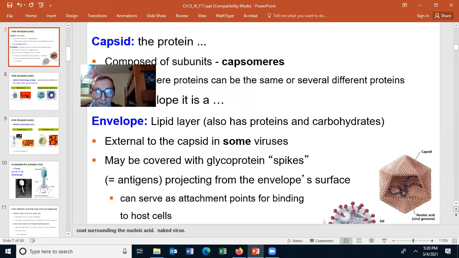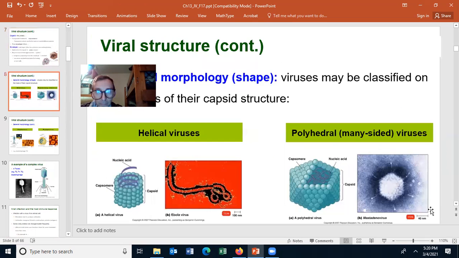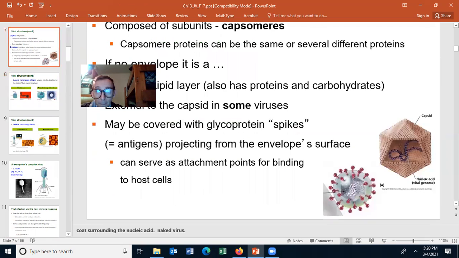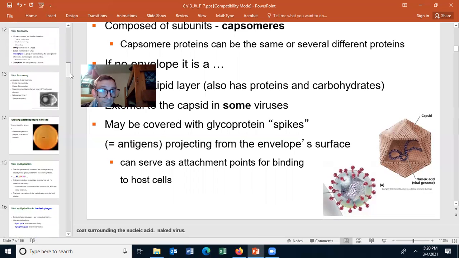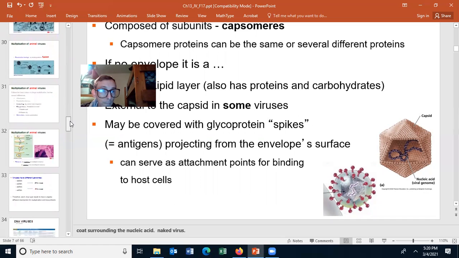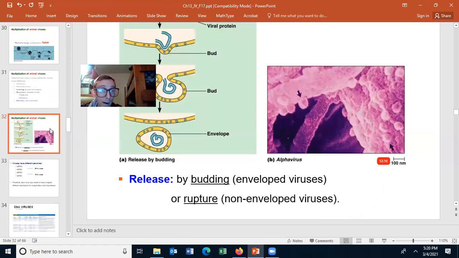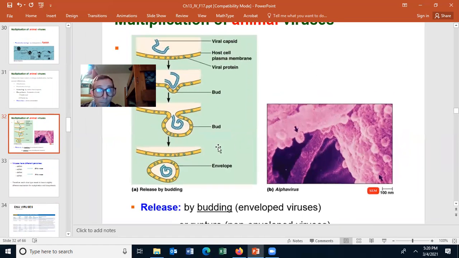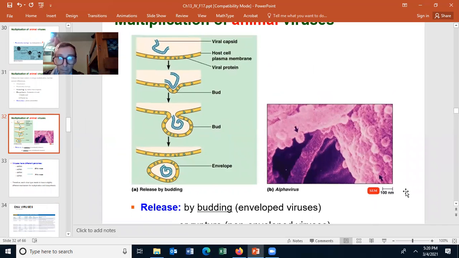So those proteins could be the spikes of the envelope virus. All right, any question about the budding life cycle? If not, let's go on.